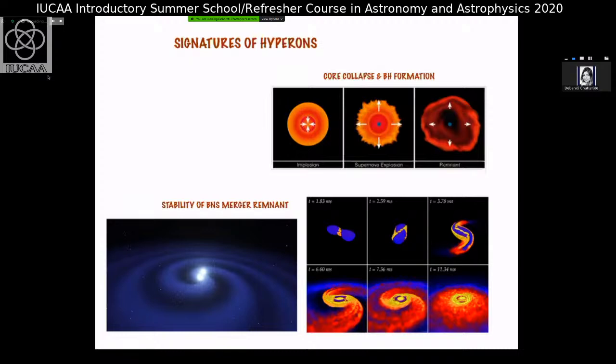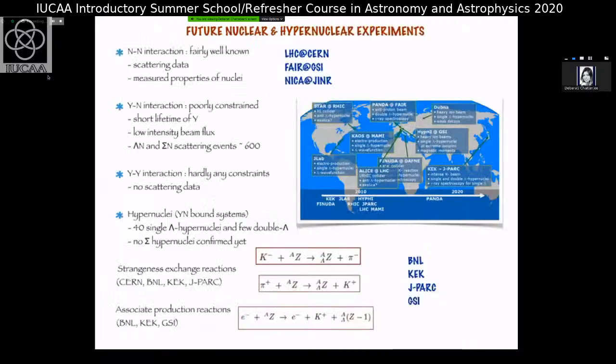This is not all. There are many other signatures of exotic matter. And the good news is that soon in the future, there will be many other nuclear and hypernuclear experiments that are going to give us good answers to the questions related to hyperon-nucleon interaction and hyperon-hyperon interaction.